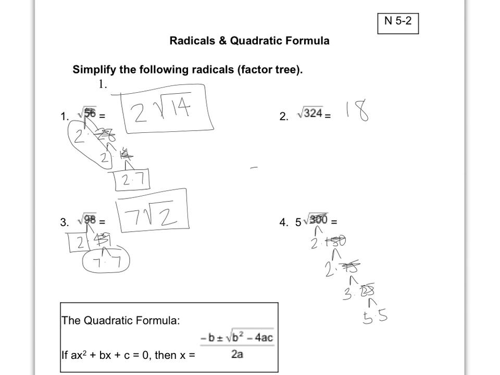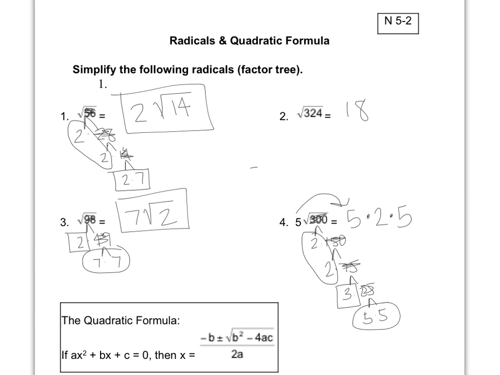Okay, so then we're going to circle our pairs. We have a pair of 2's, we have a pair of 5's, and then we have left a 3. So whatever is boxed in stays under the radical. Now in this example, we already had a 5 in front. I'm bringing out a 2, so I'll multiply whatever I already have in front times 2, and I'm also bringing out a 5.